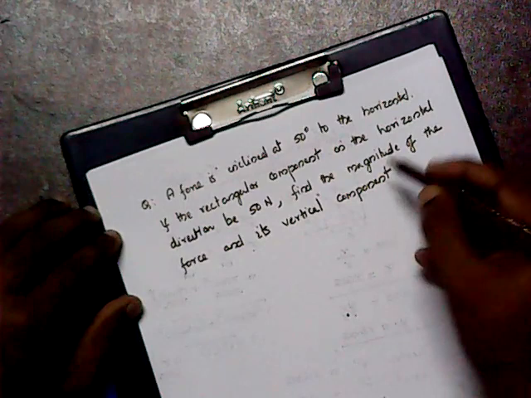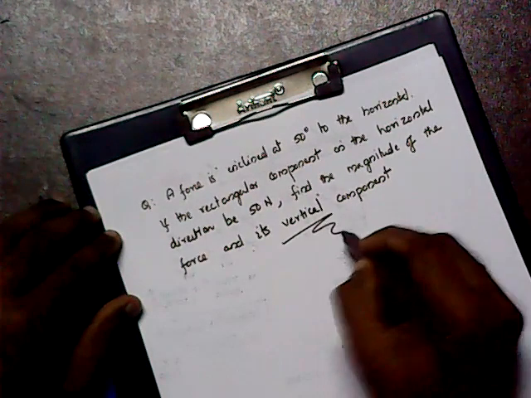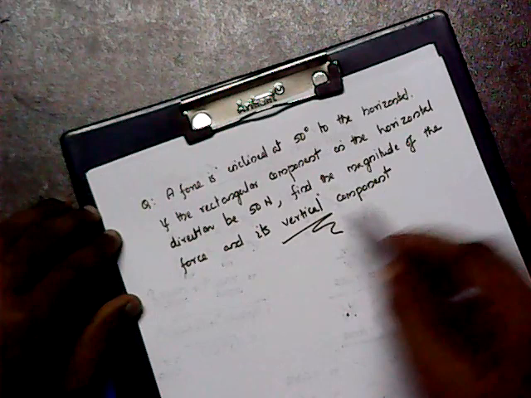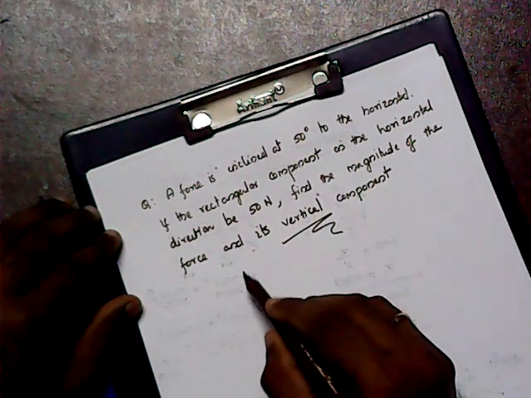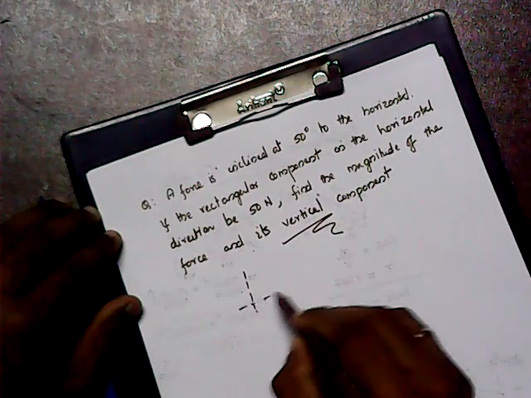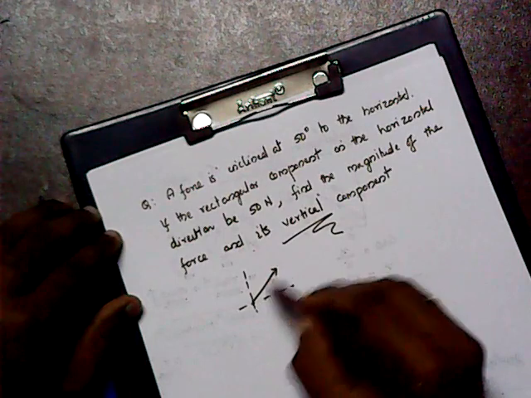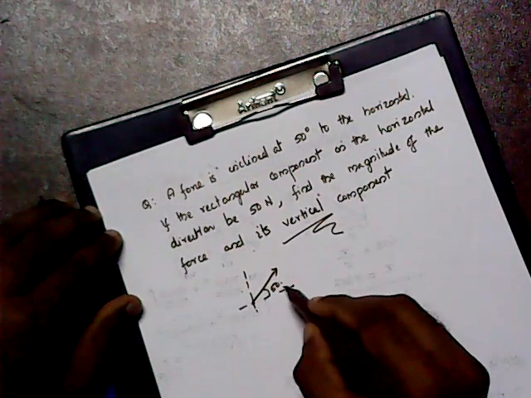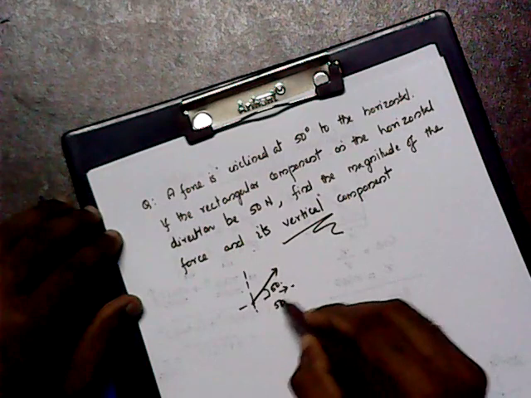So please read the question carefully. A force is inclined at 50 degree to the horizontal. So with respect to the horizontal, the force is inclined with an angle of 50 degree. The horizontal component is 50 Newton.